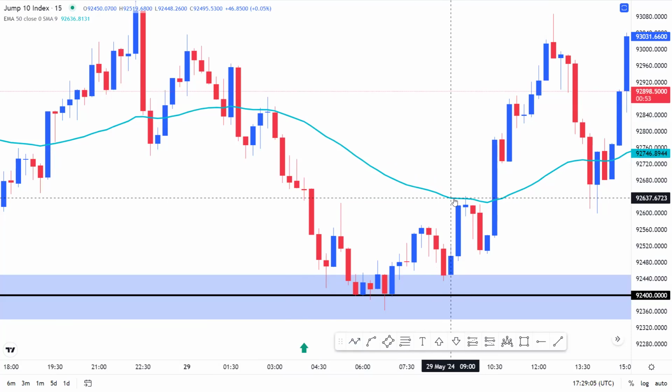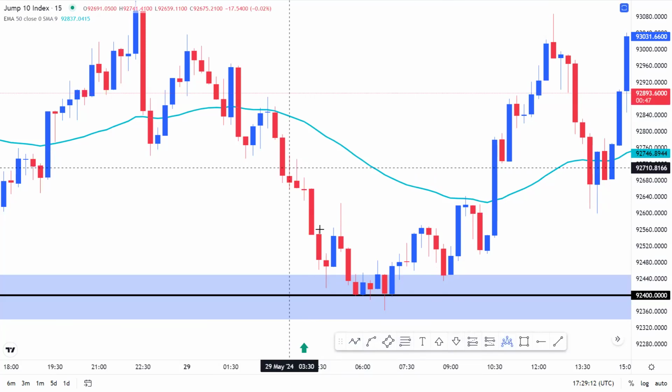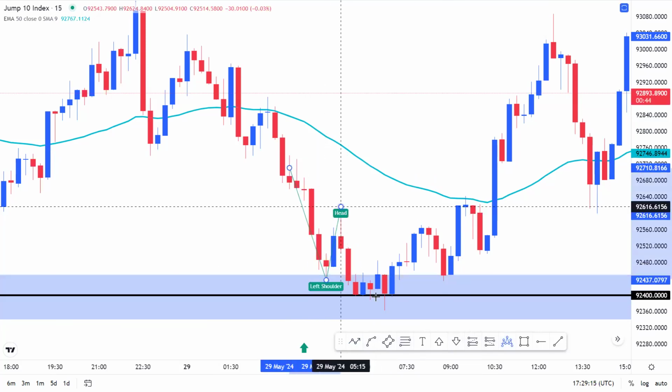And then, of course, we had ourselves a nice 15 minutes time frame chart reversal pattern for buys, the inverse head and shoulder pattern.